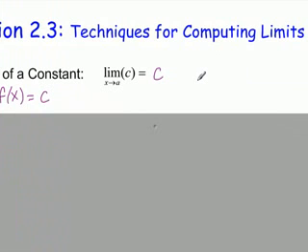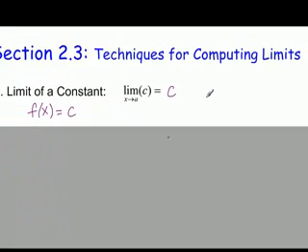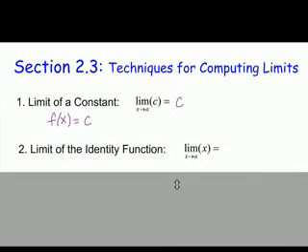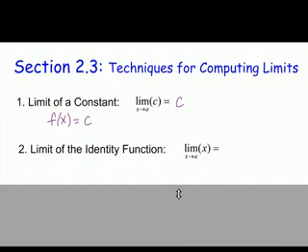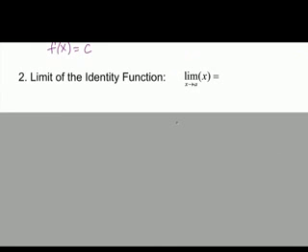It's very, very simple. The next function we want to look at is the identity function. Again, the function we're considering is f of x equals x.